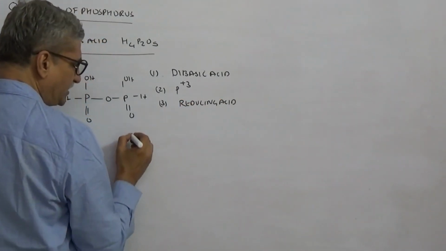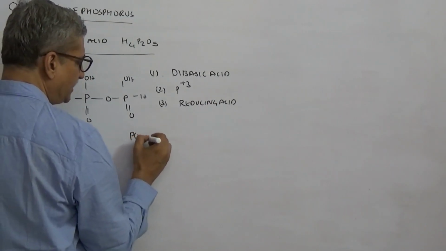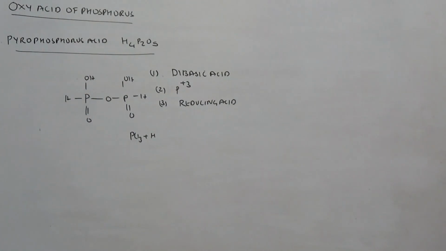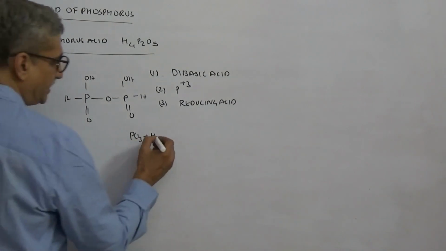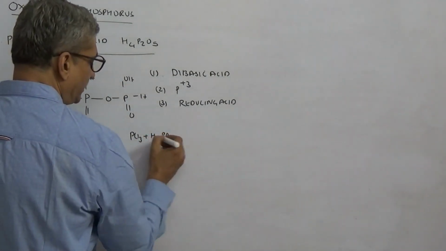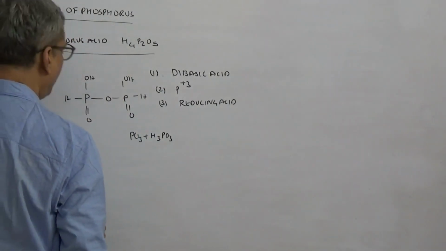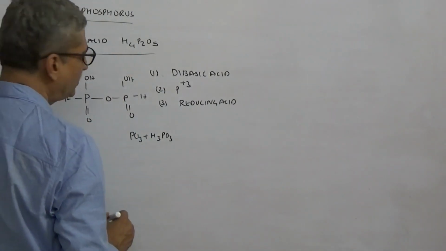And how is it obtained? It is obtained by reacting PCl3 with H3PO3. So we get H4P2O5. Is this clear? Not much to talk about in this case.